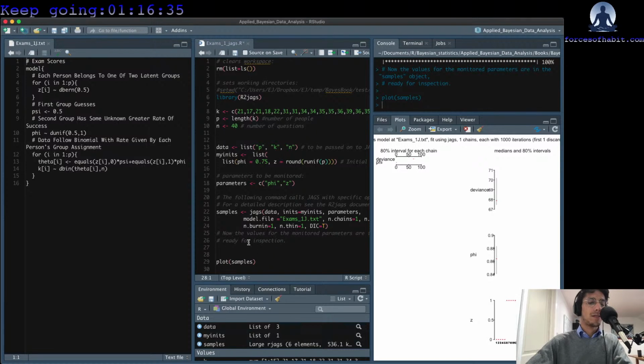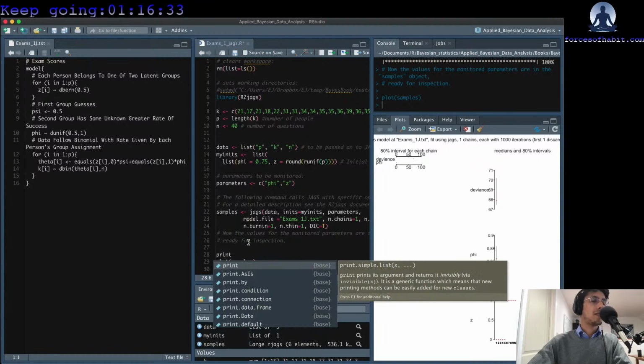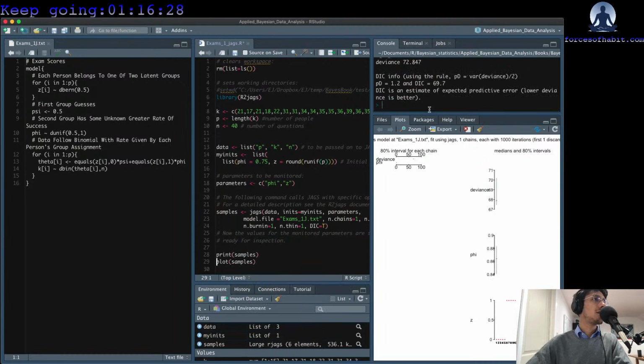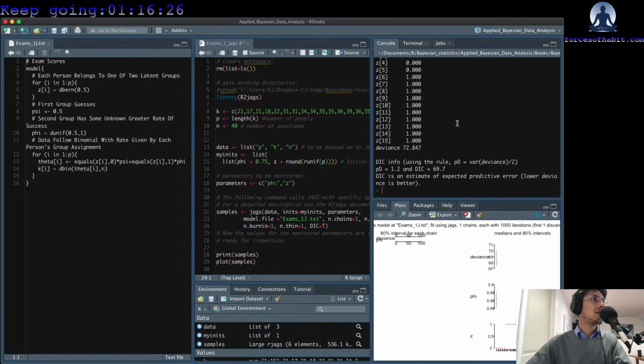And we're also just going to print the samples. Cool.